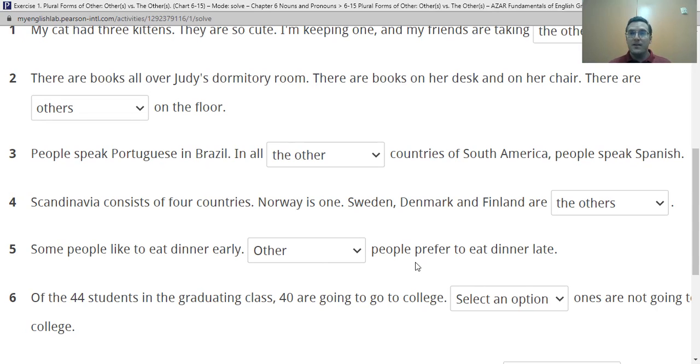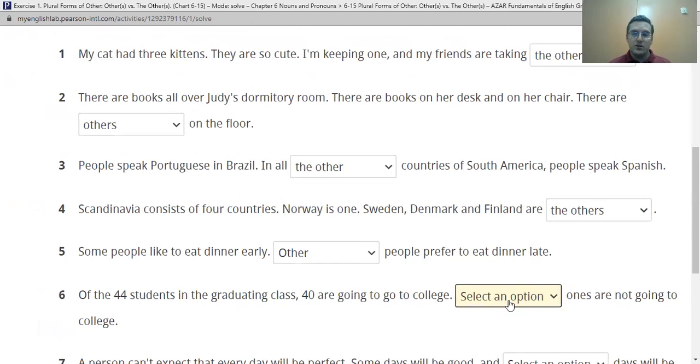Number 6, of the 44 students in the graduating class, 40 are going to go to college. The other ones are not going to go to college. We have this word ones, it's plural, so we're not going to have 2 plurals. It won't be the others ones, it'll be the other ones.